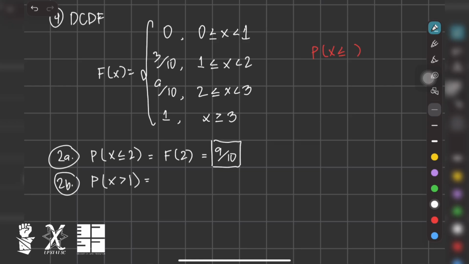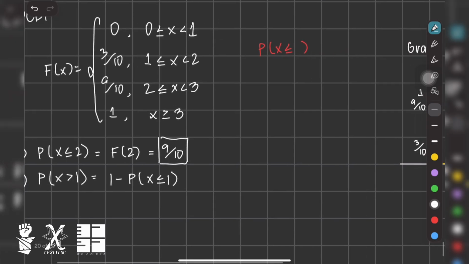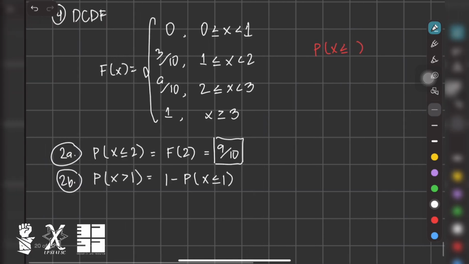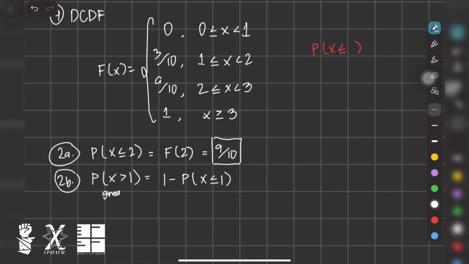How do we write this in terms of the cumulative distribution function? We use the complement of this probability. As we noted in past lectures at the start of Set 5, that will be 1 minus P(X is less than or equal to 1), because the complement of greater than is less than or equal to.